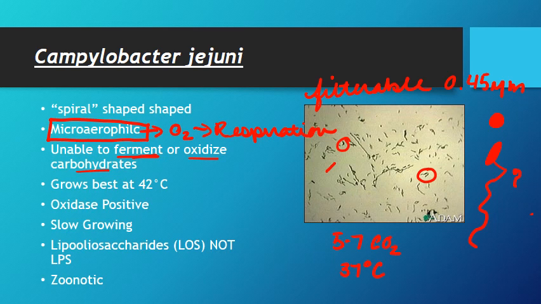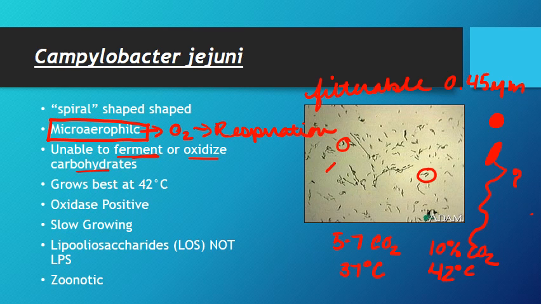And this organism wasn't really growing. It really requires lower oxygen. So in order to isolate Campylobacter jejuni, you almost want like 10% CO2. And so when they were culturing, they weren't getting anything. It also grows best at 42 degrees Celsius, not 37. So it's kind of a special snowflake in that way.